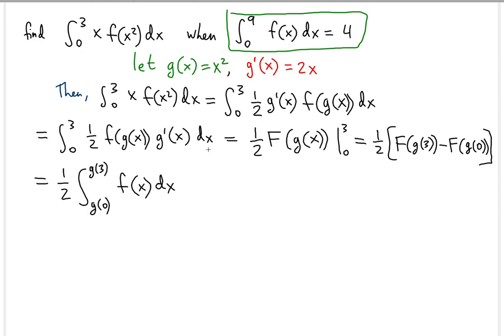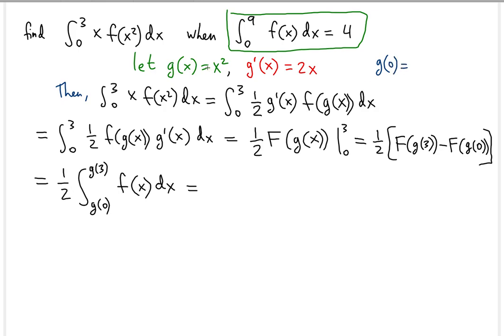Now you might say, but wait a second, how do we know what g of 3 and g of 0 is? Well, here's the thing. You have the g function here available, right? So the g of x is equal to x squared, right? So we can evaluate g of 0 and g of 3. So now let's see. What is going to be the g of 0?